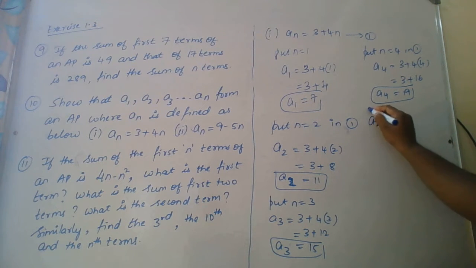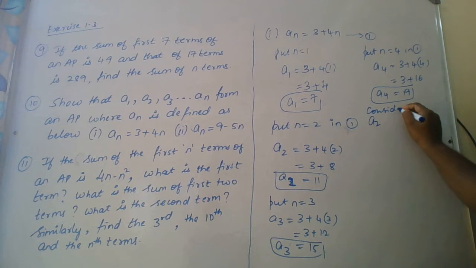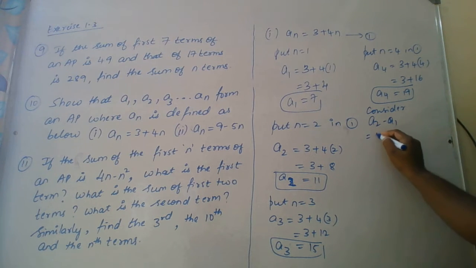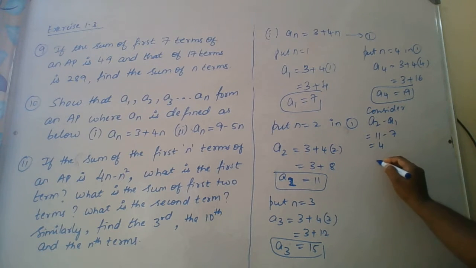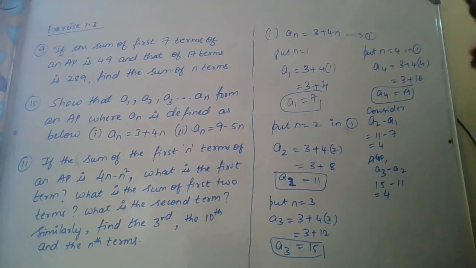Consider a2 minus a1. That is 11 minus 7, which gives us 4. Also consider a3 minus a2. That is 15 minus 11, which is also equal to 4.